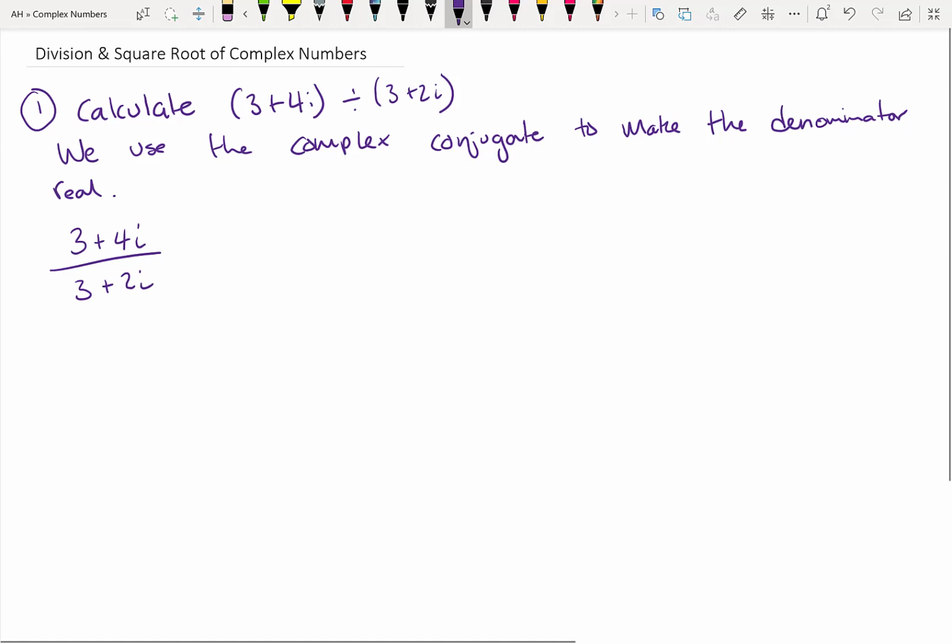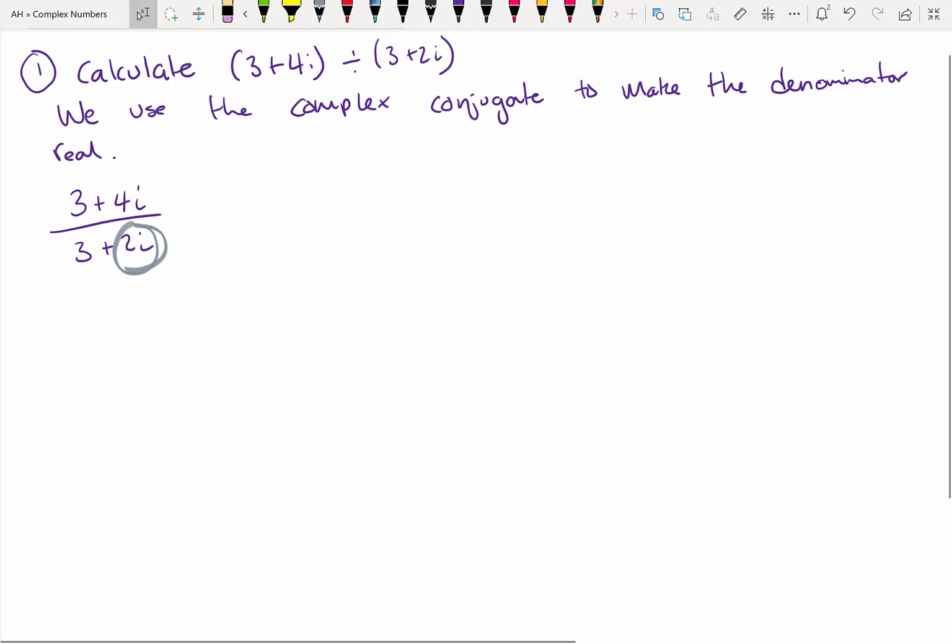More often than not, the bit causing us a problem is that imaginary part on the bottom. Okay, we don't like that. So just like when we're asking you to rationalise the denominator with surds, that's essentially what we're looking to do here. So we've got 3 plus 4i on the top over 3 plus 2i on the bottom.